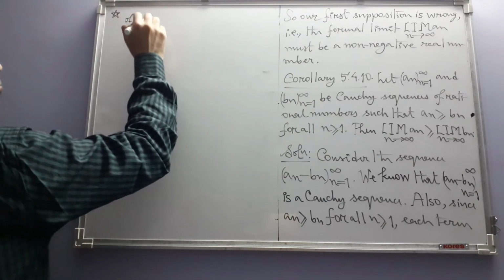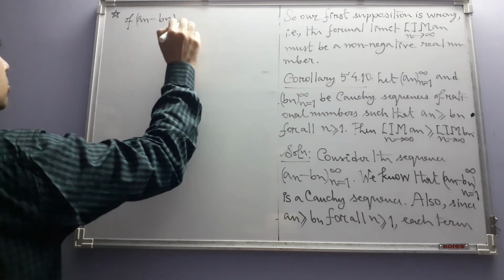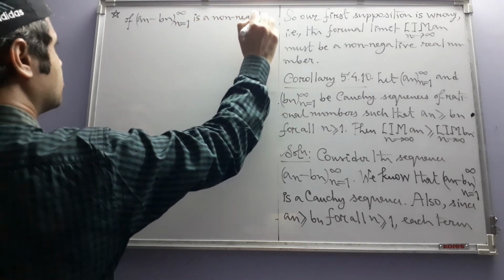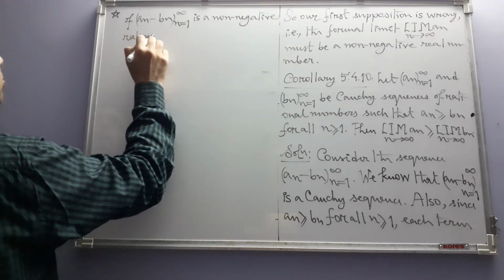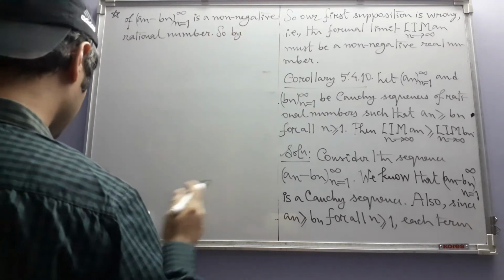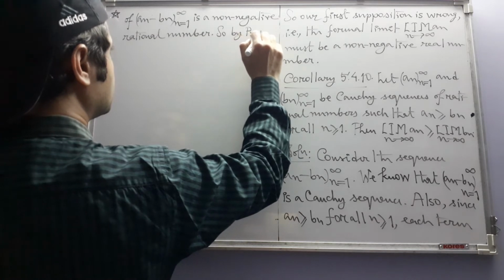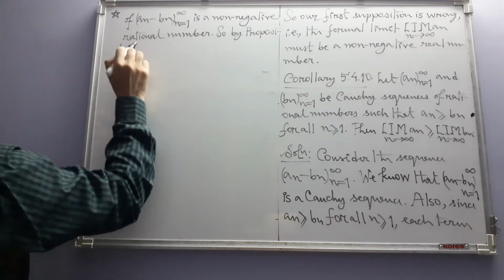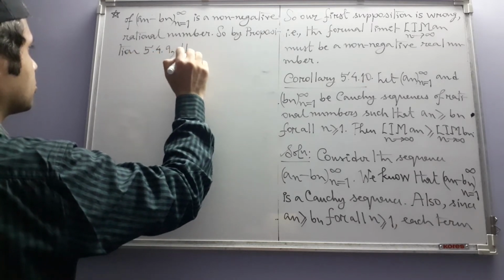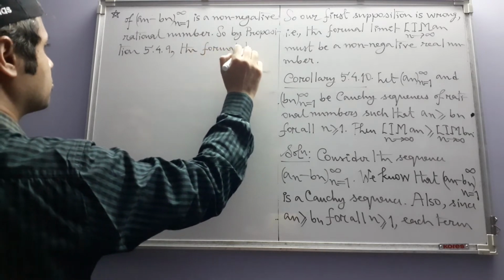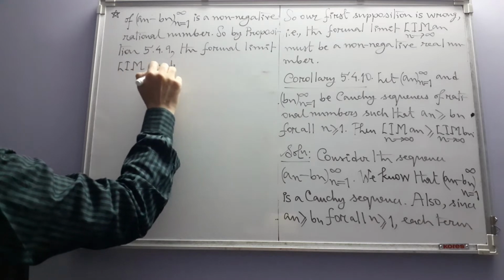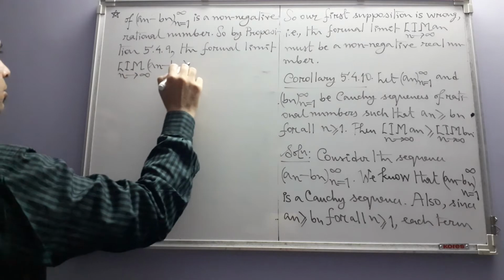So by the previous proposition, by proposition 5.4.9, the formal limit is non-negative.